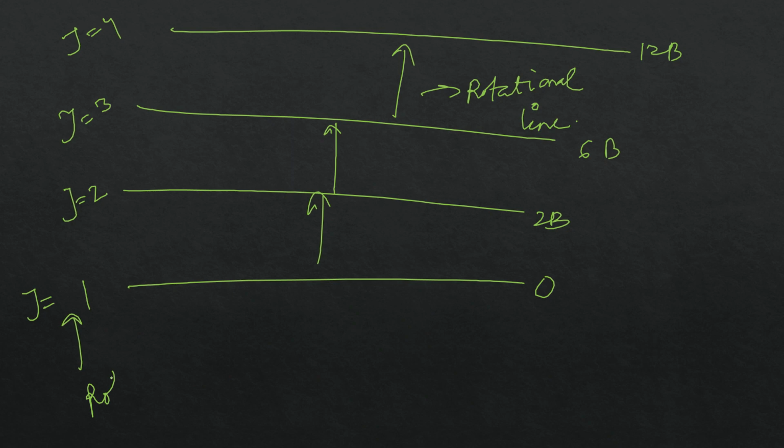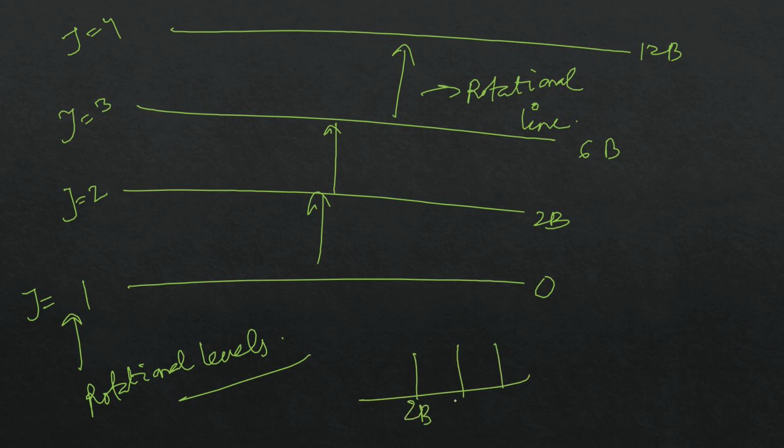Rotational levels. And the difference should be like 2b, 4b. So you can see this is 2b, 2b, 2b.